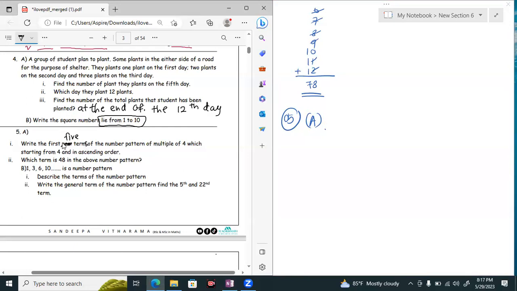Then what are the 5 terms of the multiples of 4? Try writing the first multiples of 4.